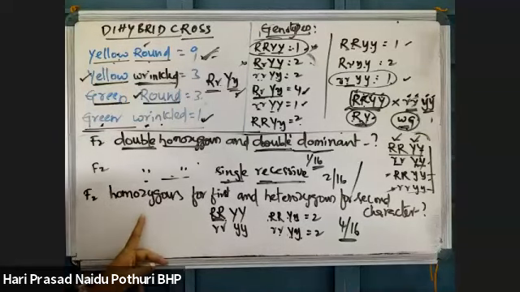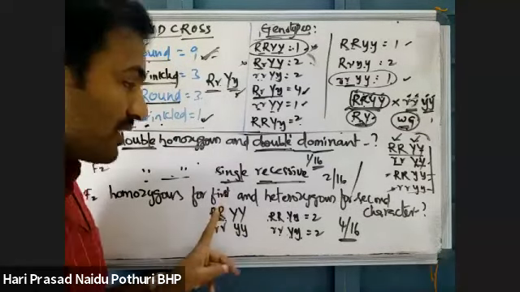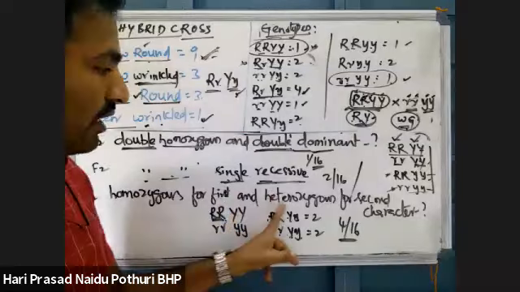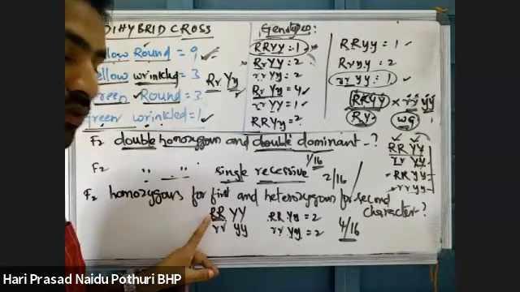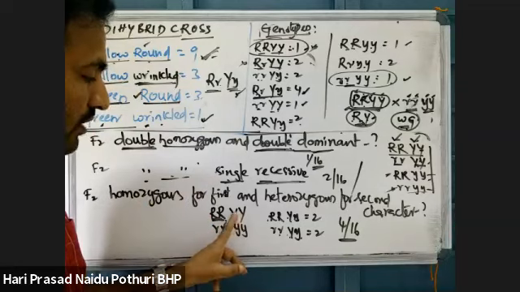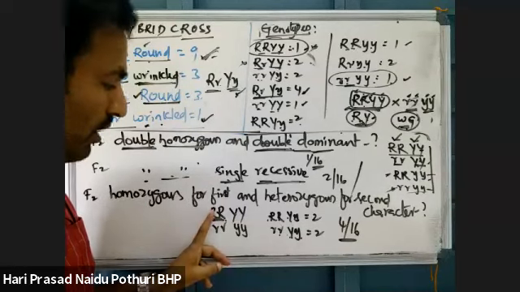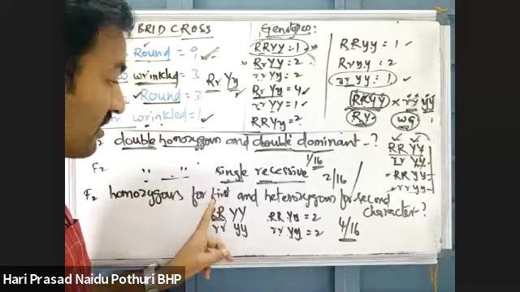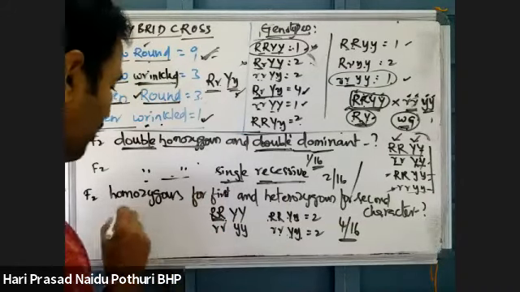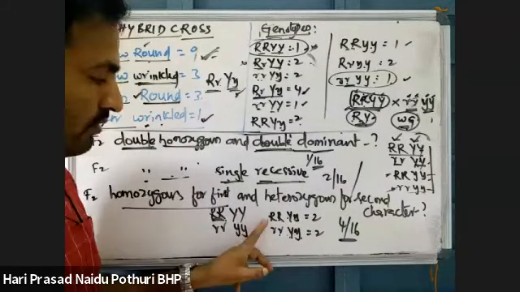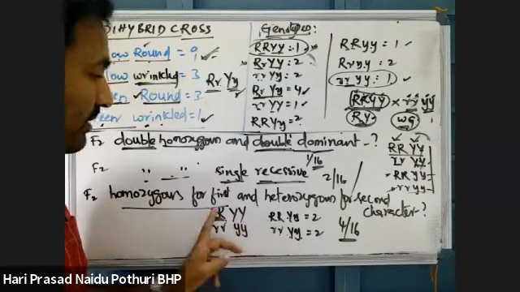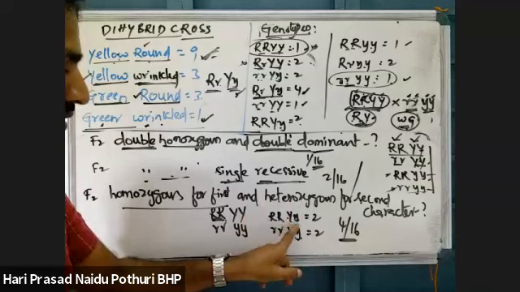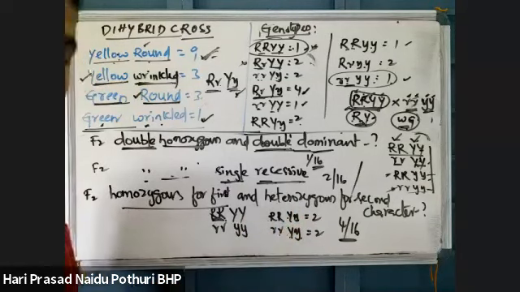F2 progeny homozygous for first gene and heterozygous for second gene. First gene is round. First gene is dominant. First gene is homozygous means homozygous for first. This is homozygous for first. This is also homozygous for first. Second one heterozygous means second one capital Y, small y.